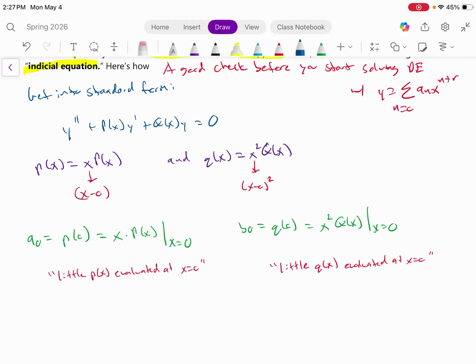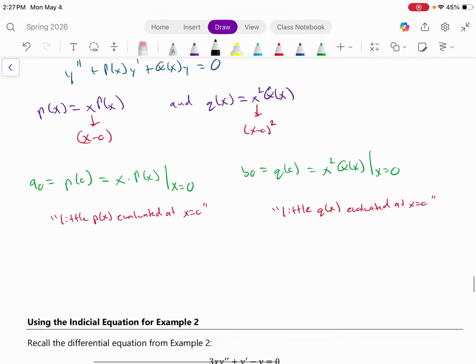So this very important indicial equation is essentially r times r minus 1 plus a naught r plus b naught equals 0.